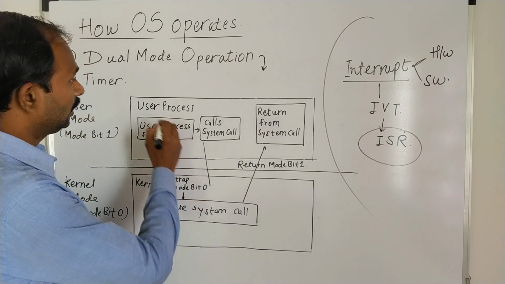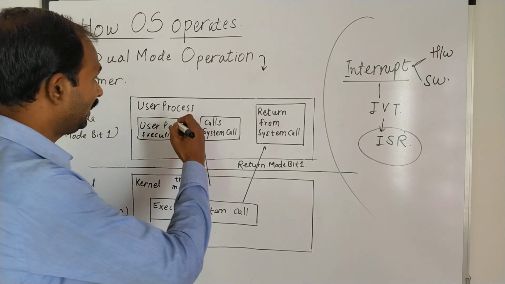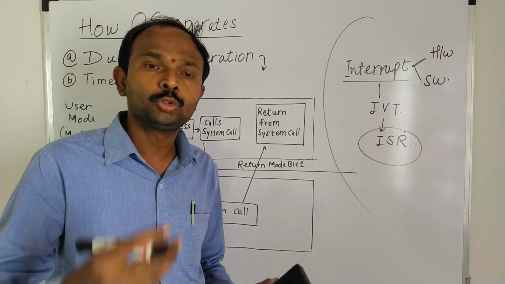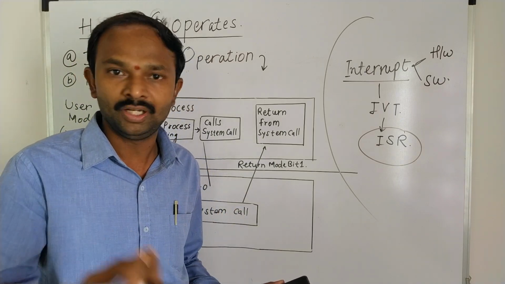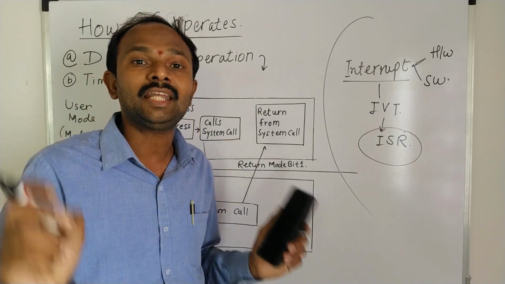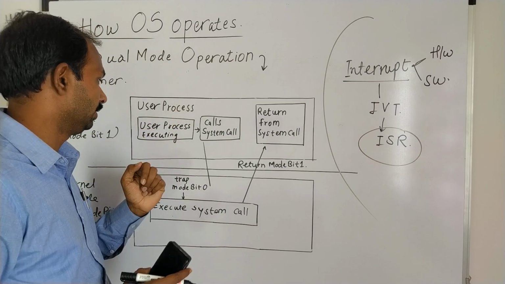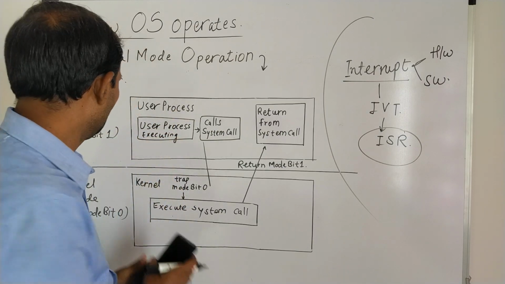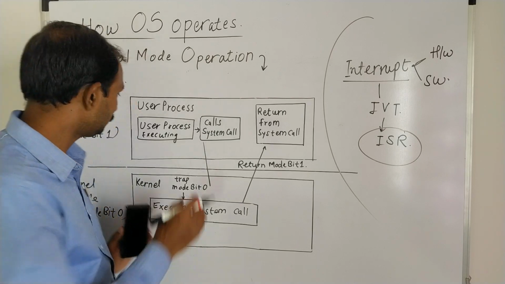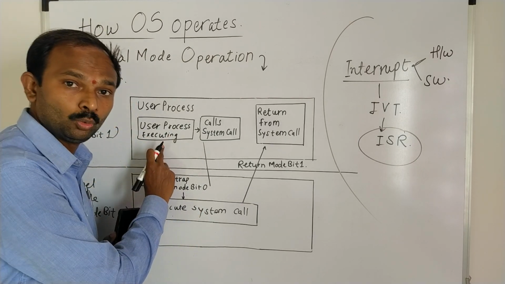First of all, there is a user process and there is a kernel process. Whenever you do some operation in your operating system, let us say you are drawing some diagram in the Microsoft Paint application, this is nothing but a user action. In that user action, the user process is going to execute. So here, very first, the user process is executing.